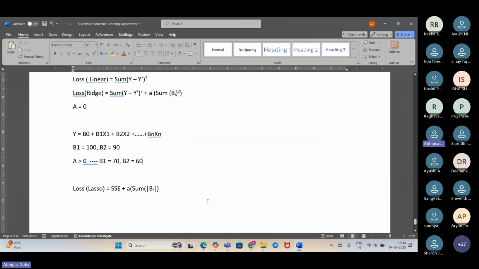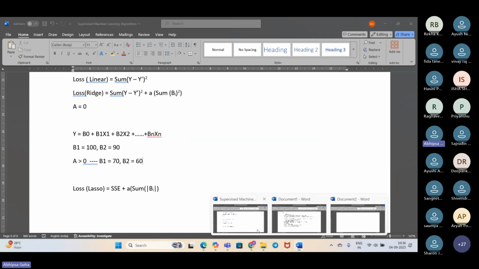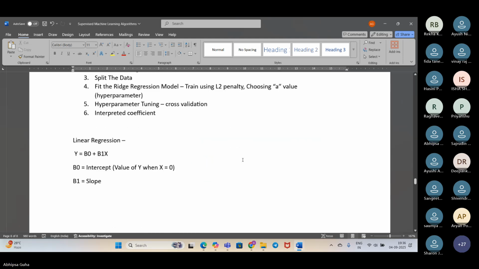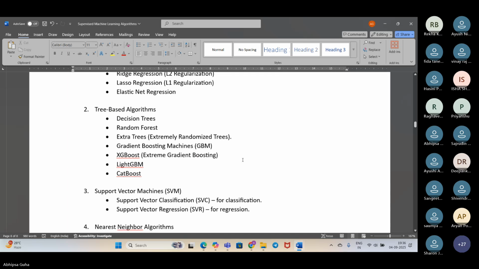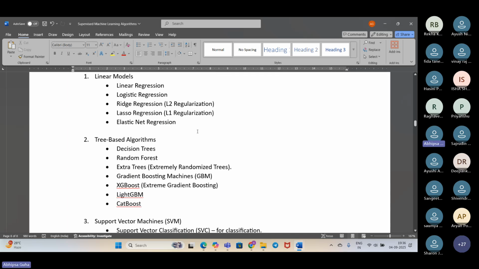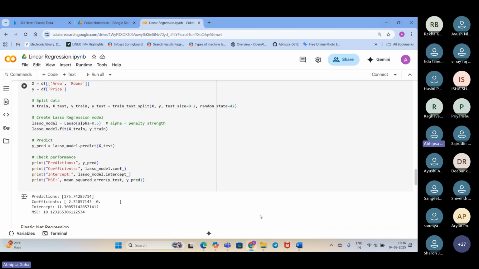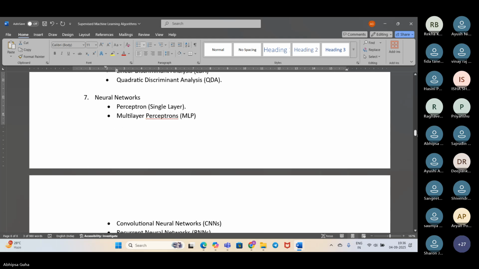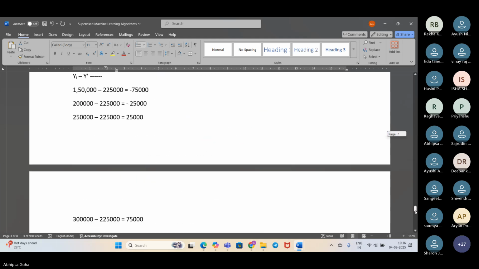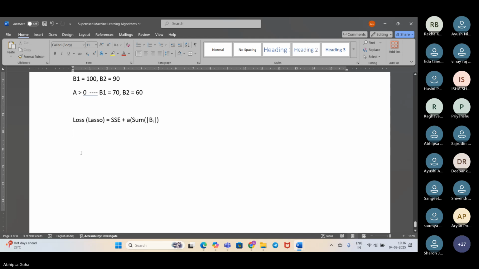So let us go ahead with the next one. Let me check what is the next one. Okay, that is elastic net regression. So the next topic we will be discussing is elastic net regression.